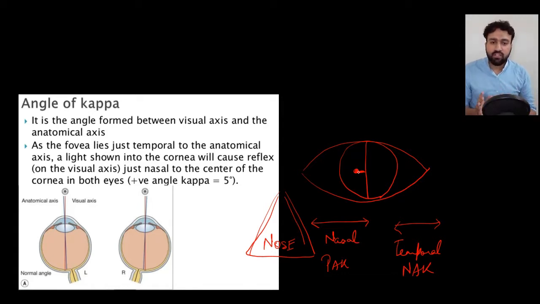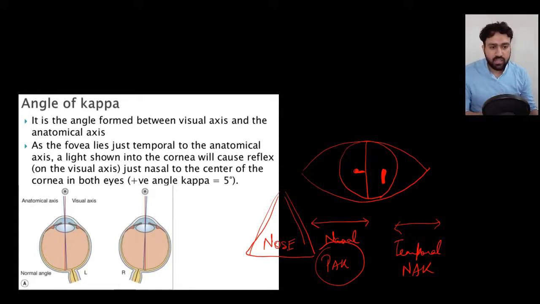Now, by convention, this angle of 4 to 5 degrees is considered positive whenever the reflex is on the nasal side of the cornea, right? So positive angle kappa is 4 to 5 degrees, and it's due to a corneal reflex on the nasal side of the cornea. On the other hand, if the reflex is seen on the temporal side of the cornea, that would make a negative angle kappa, right?